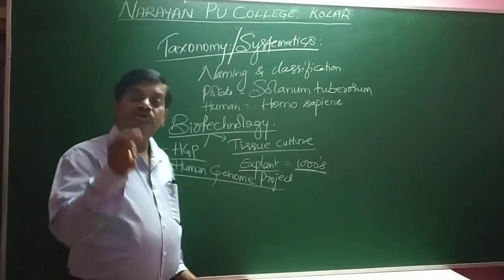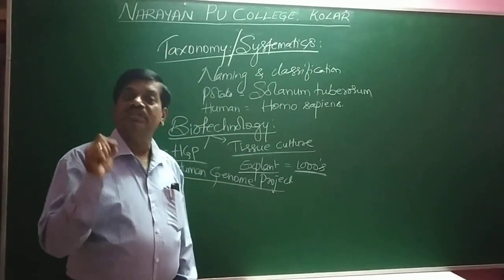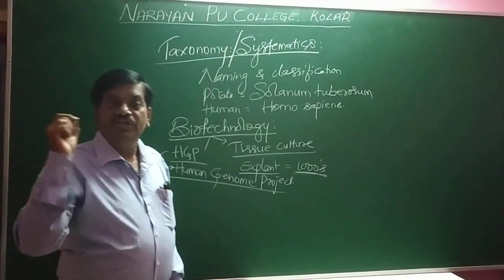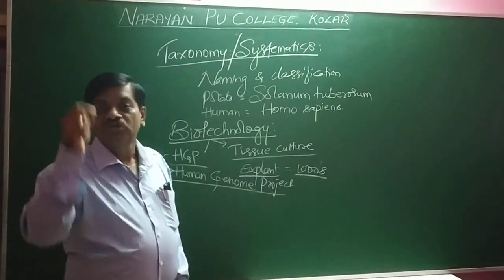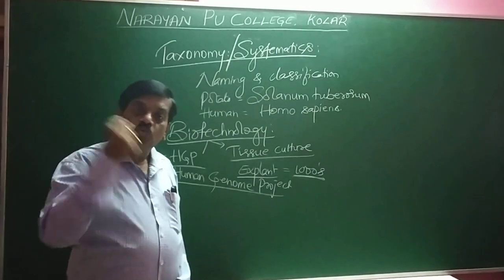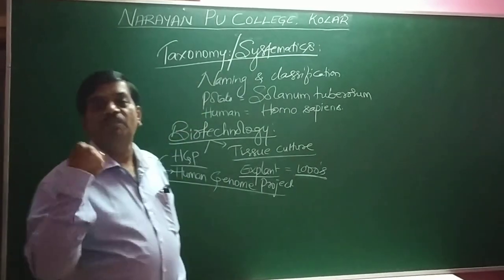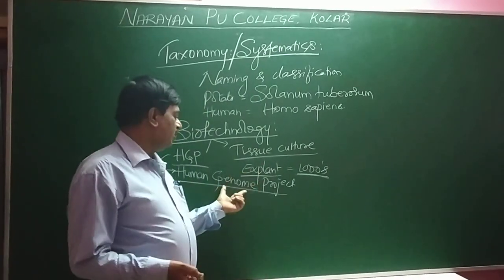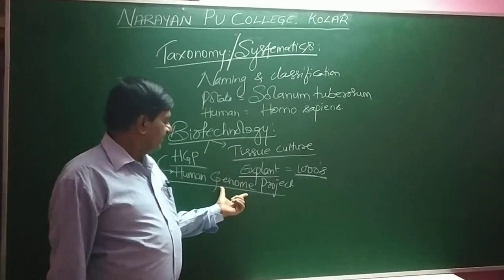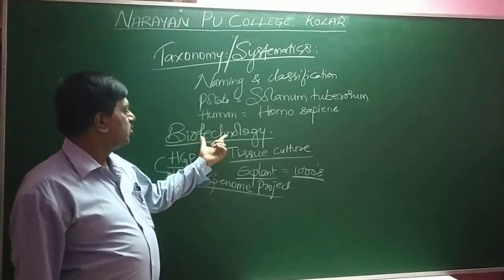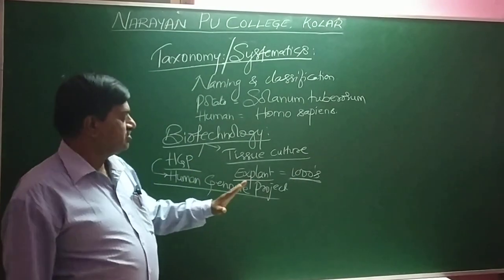In this we are going to count how many genes are there in each cell. In each cell of a human, how many genes are there, what is the gene function, how to manipulate the genes; we are going for that project or technique called HGP. This also comes under biotechnology.